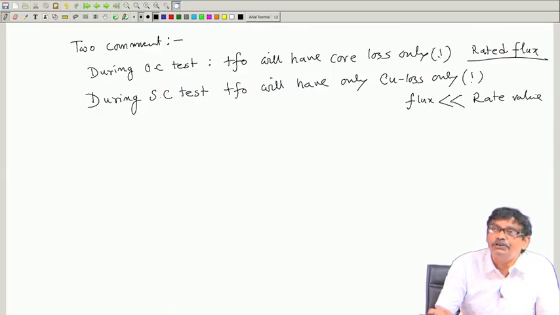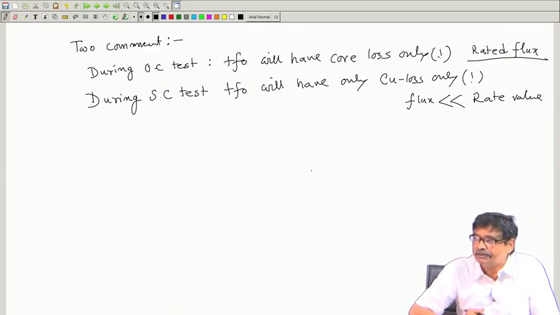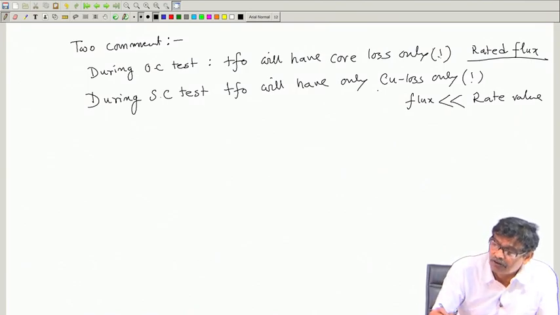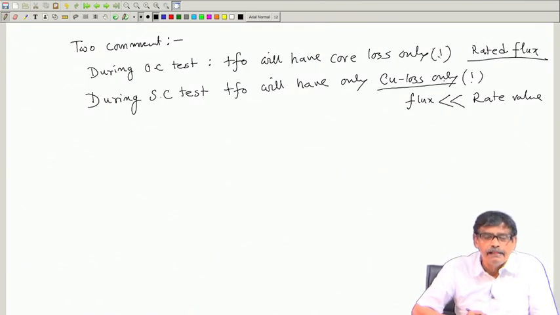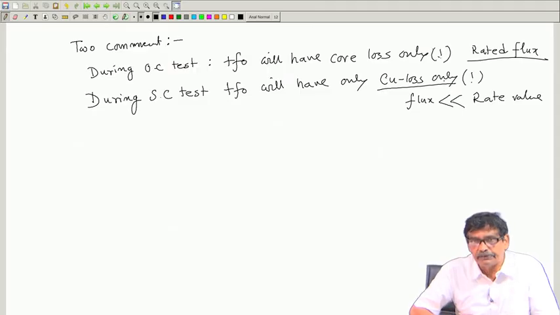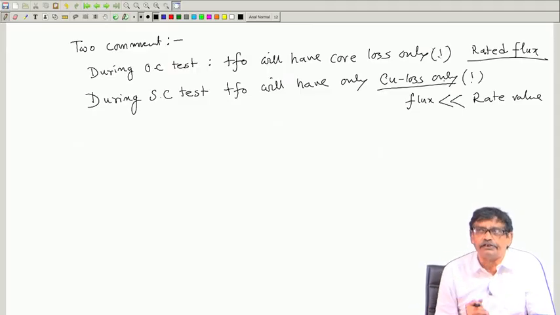Why? Because you require very little voltage to carry out short circuit test, and it is copper loss only. Therefore, while carrying out these two tests, we find this is the situation.